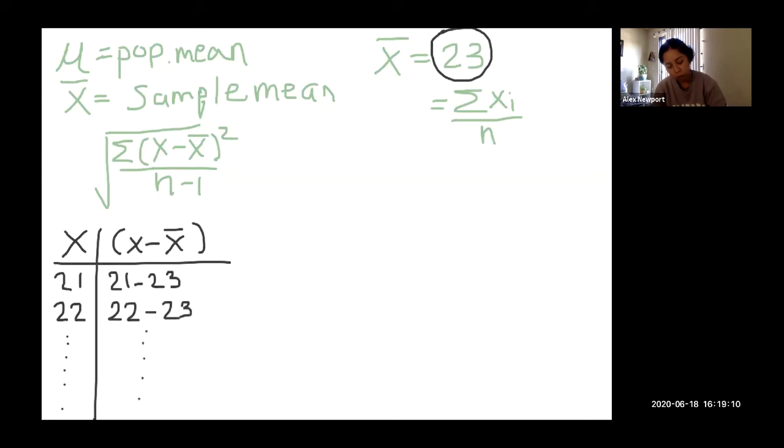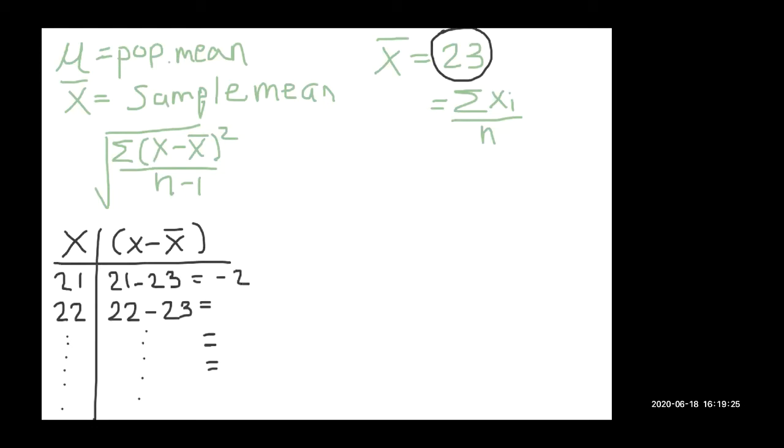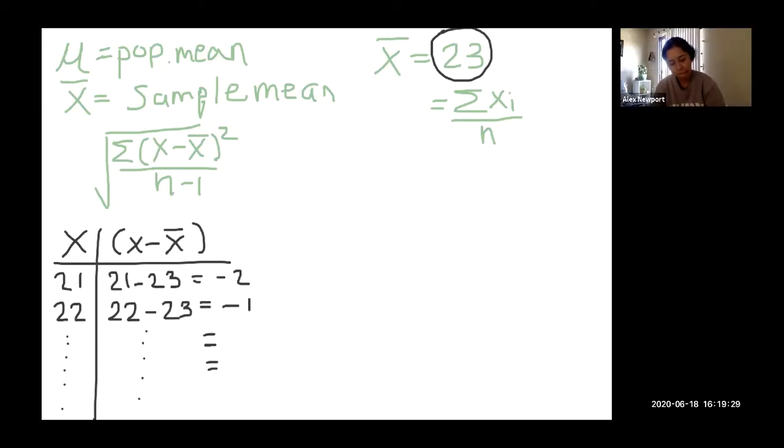Can anybody tell me the values that I would be getting right here? So this one's -2. What's the next one? -1. Okay.